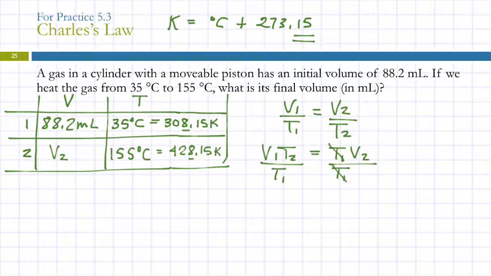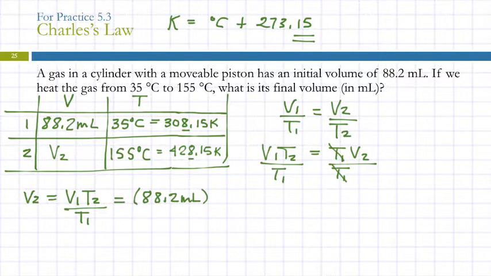Okay, so there's my equation. V2 equals V1 T2 over T1. Careful when you copy stuff down because it's so easy to put the wrong number or letter in there. So now I need V1, and I go to my table. It's all listed there for me. So V1 is 88.2. Always write the units.